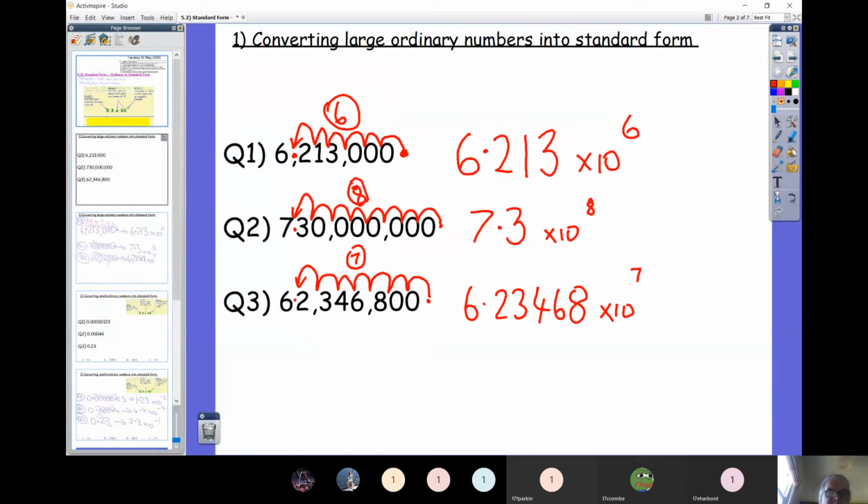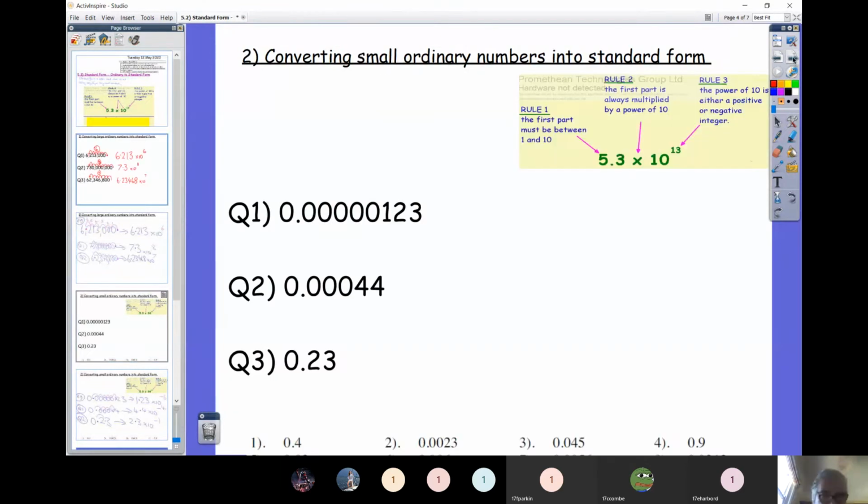We're now going to look at converting small numbers into standard form. Okay, clearly these are small numbers. So step one is just the same. Where would you put the decimal point to get the 1, 2, 3 between 1 and 10? Well, that would be 1.23. So that's step one. We've got our first number between 1 and 10. Now, the decimal point to start with is clearly there.